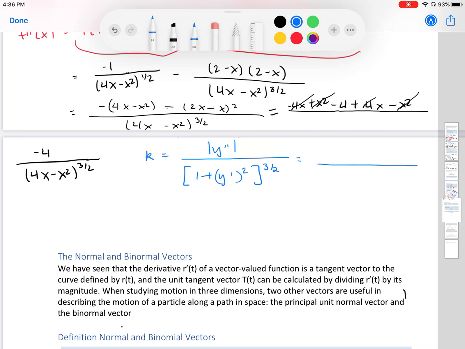Okay, so y double prime is negative 4 divided by 4x minus x squared raised to 3 over 2. Our denominator has 1 plus 2 minus x, 4x minus x squared raised to negative 1/2 power.